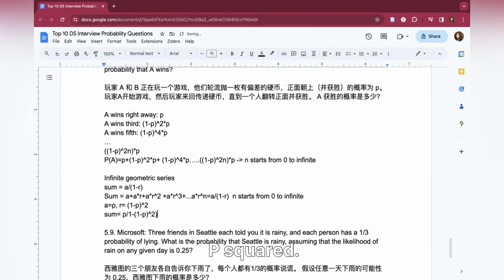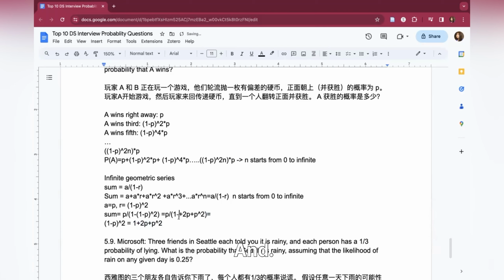This one equals 1 minus 2P plus P squared, and then you subtract it from 1, and you get 2P minus P squared.